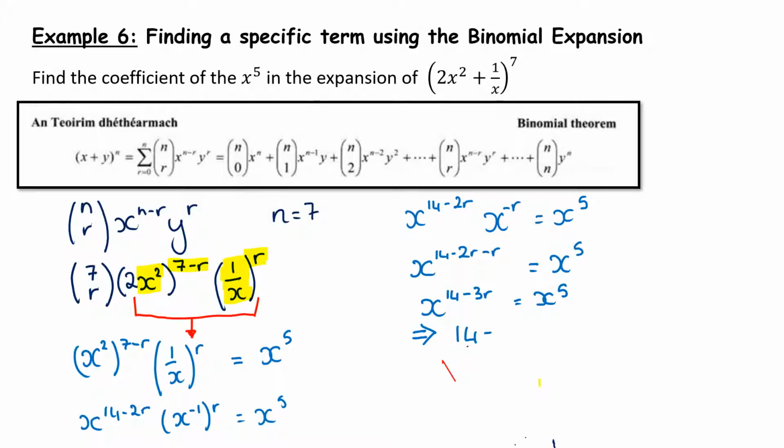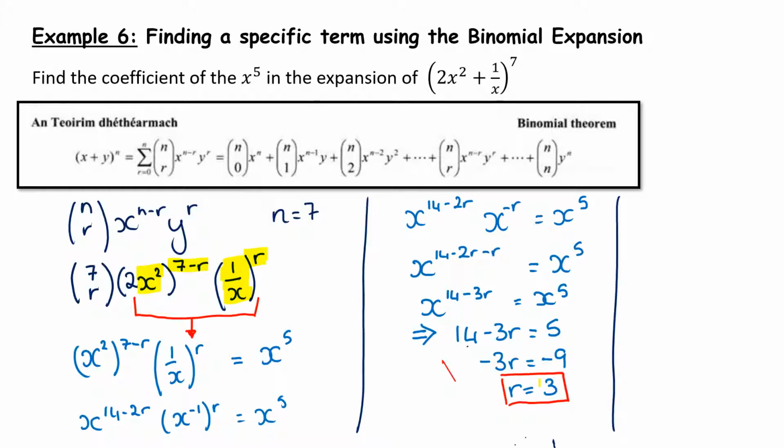I get 14 minus 3r is equal to 5. Minus 3r is 5 minus 14, minus 9, so r is equal to 3. So that's a really important answer, because what I figured out now is I want the fourth term, so when r is equal to 3. So I can go back to my general term now.